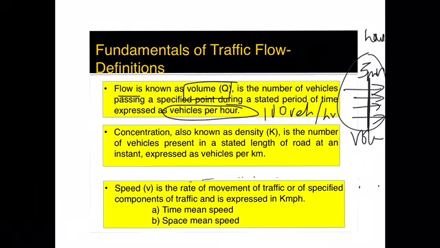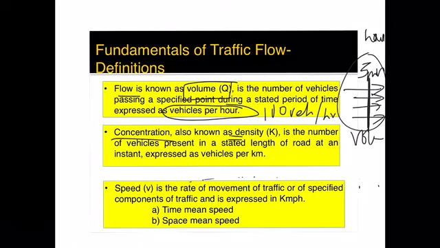Next we have concentration. Concentration can also be called the density. Density is nothing but the number of vehicles that are present in a defined length of the road at an instant.